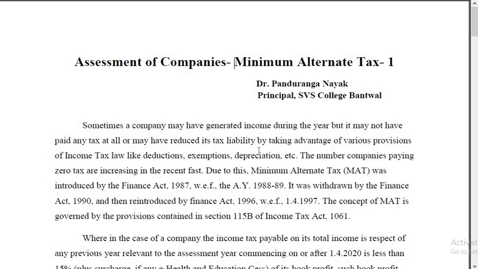But sometimes a company might have generated income during the year, but it may not have paid any tax at all, or may have reduced its tax liability by taking advantage of various provisions of income tax law like deductions, exemptions, depreciation, etc. In other words, the number of companies paying zero tax is on the increase in the recent past.